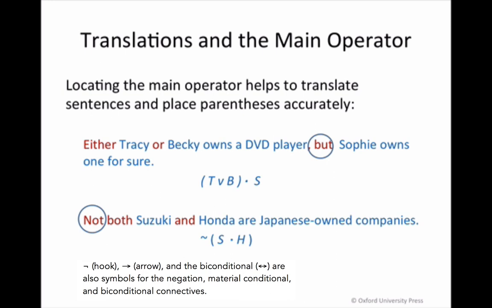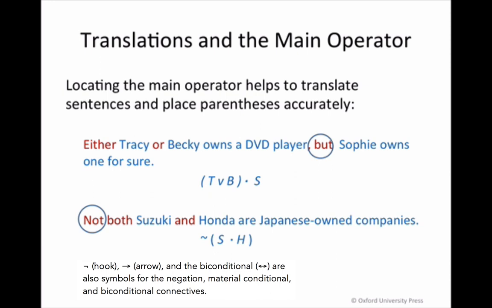Now let's talk about how you can translate in such a way as to accurately reflect the logical structure of the sentence with the idea of finding the main operator. So take a look at the two examples here.